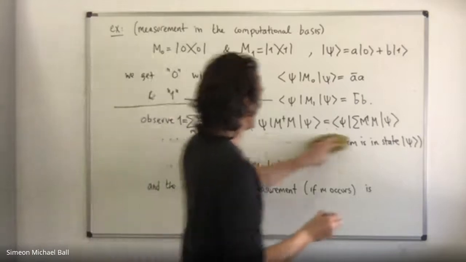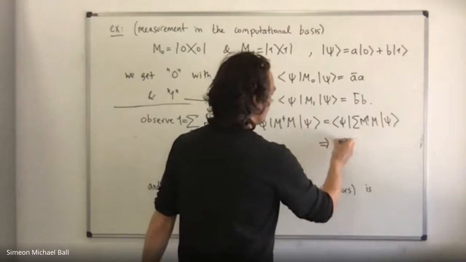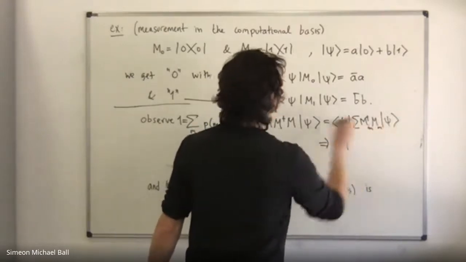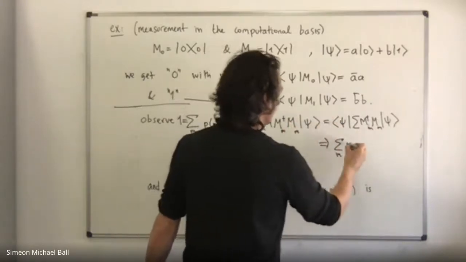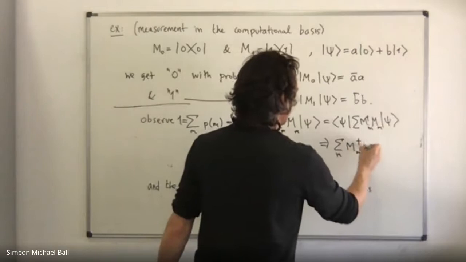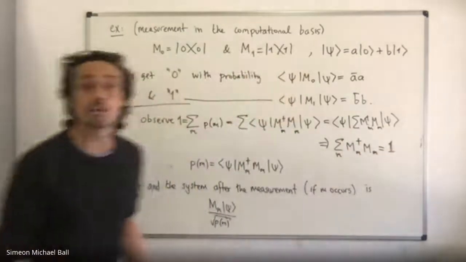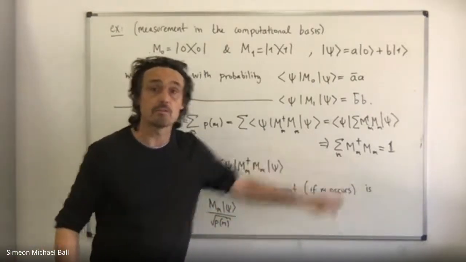So this implies what we had before as the condition. The condition is really saying that the sum of probabilities is 1.